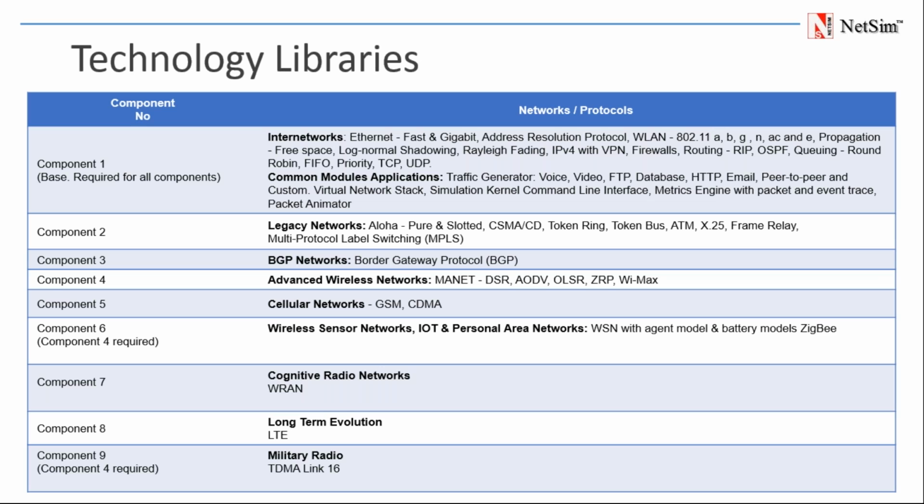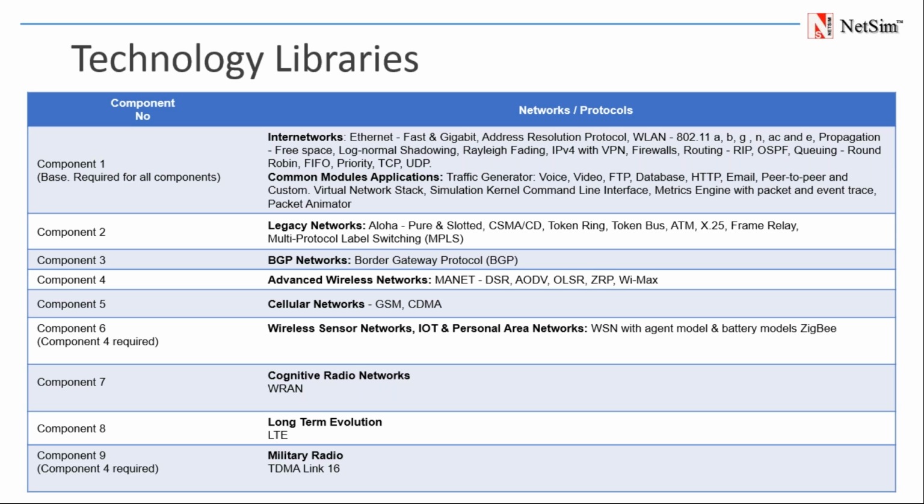Now NetSim has been divided into some components where a standard user can make a selective choice while using NetSim. There is a list of the content of each component and the corresponding IEEE and IETF standards referred during implementation.